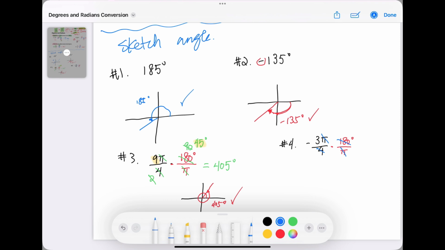4 can divide the 180, right? So what do we got? We got 45, and then negative just tells me it's a negative angle. So 45 times 3. 5 times 3 is 15, and 4 times 3 is 12, so that will be negative 135 degree.